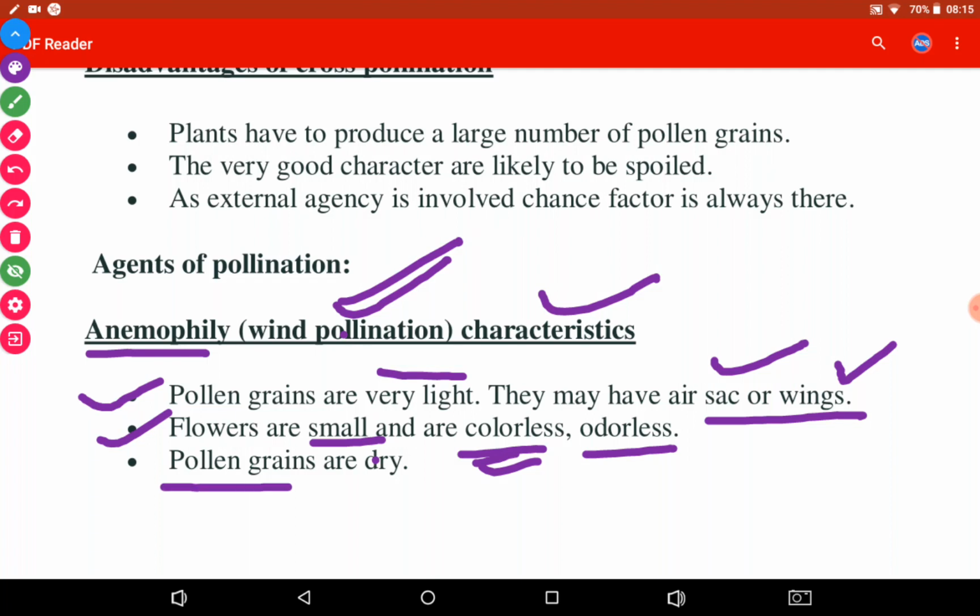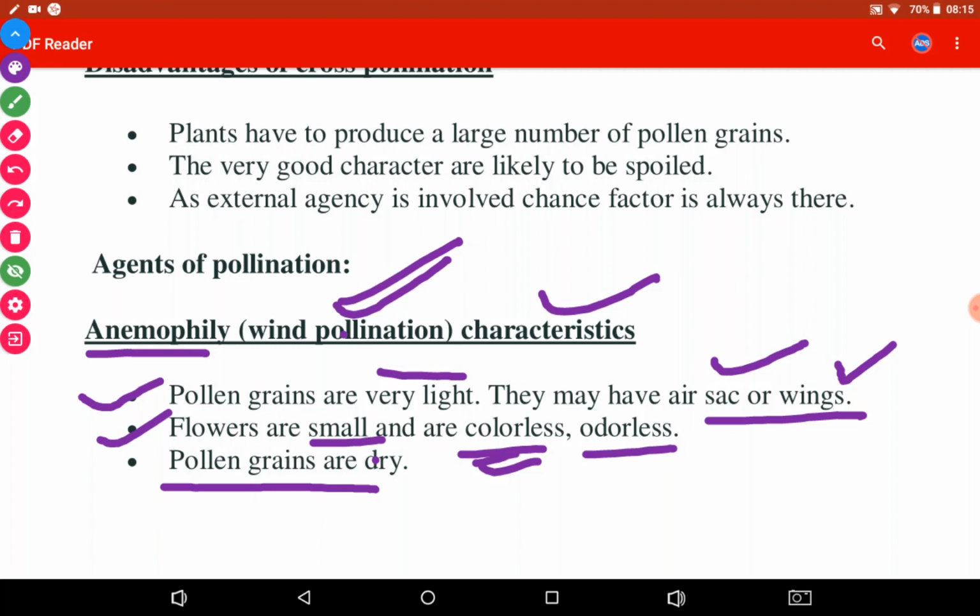Now pollen grains are dry. These pollen grains are dry and non-sticky. Why are they so? Because when the pollens are dry, they are lighter in weight, and they can easily transfer from one flower to another flower.